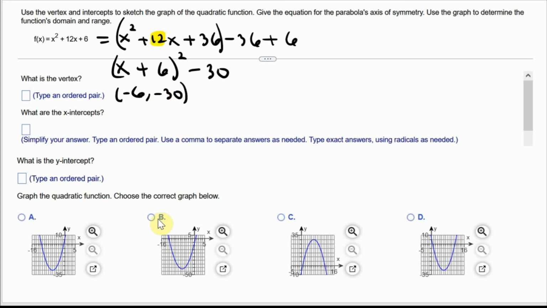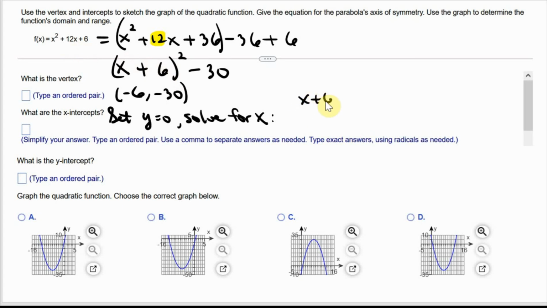They want the x-intercepts, so we set the function equal to 0. Solve for x. So I'm just going to take what I have.